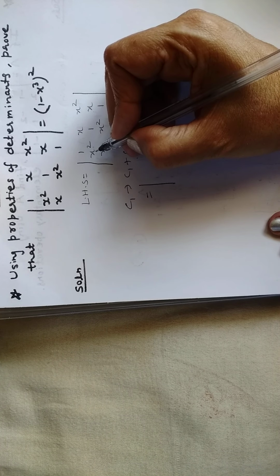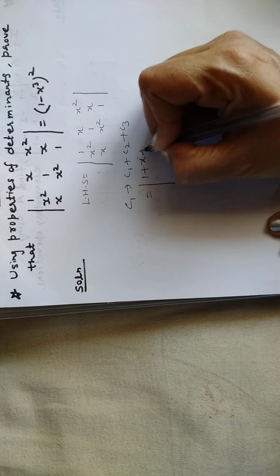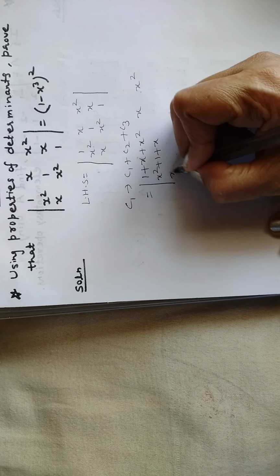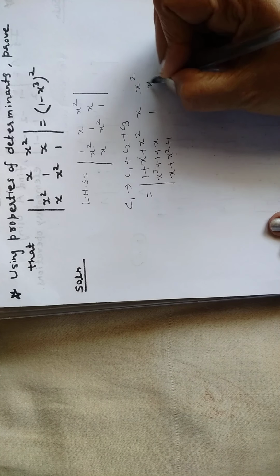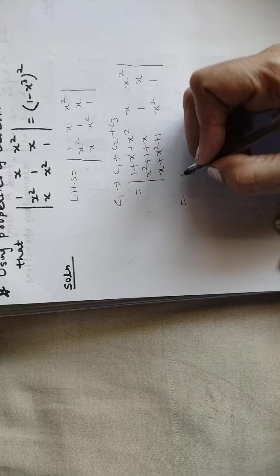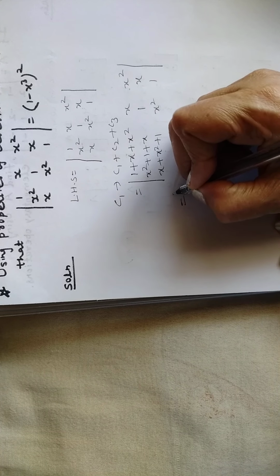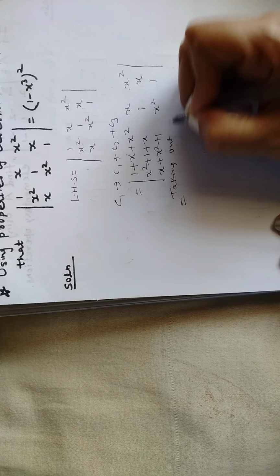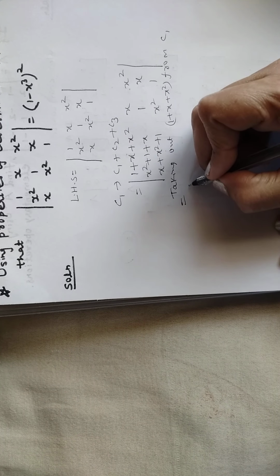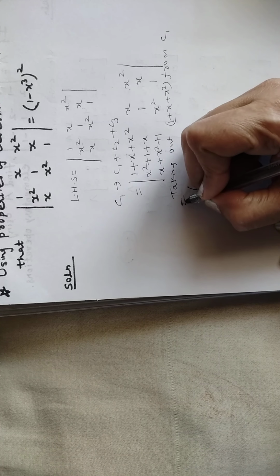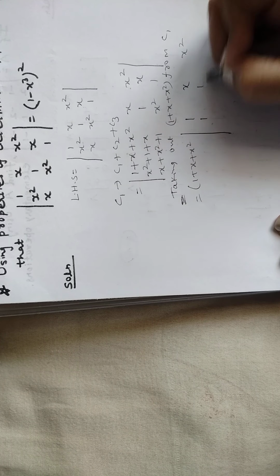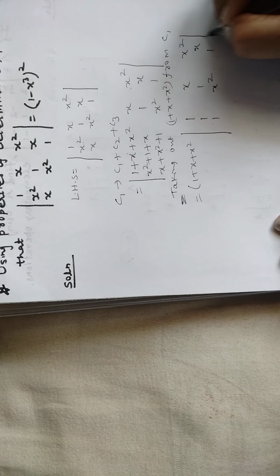This column is equal to this plus this plus this, so you will get 1 plus x square, x square, x square, 1, x, x plus x square plus 1, 1, x. Now this is 1 plus x square. So taking out 1 plus x square from C1, what will you get? 1 plus x square times 1, x square, 1, x square, 1.